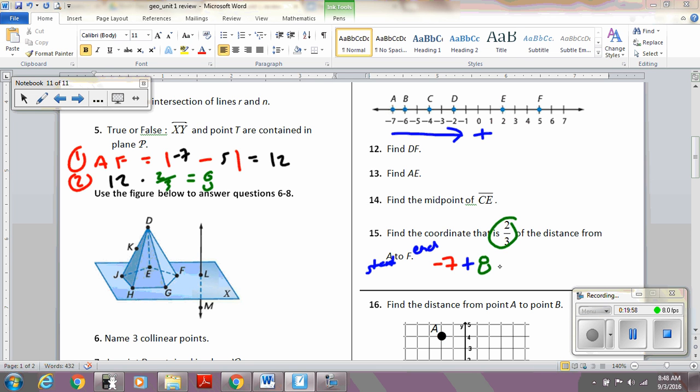So -7 plus 8 would give me a +1. So at the end of the day, what did I do? What I did was I found the distance that was 2/3 of this blue line I just drew for you. So 1 is right here. That is 2/3 of the way from beginning to end.